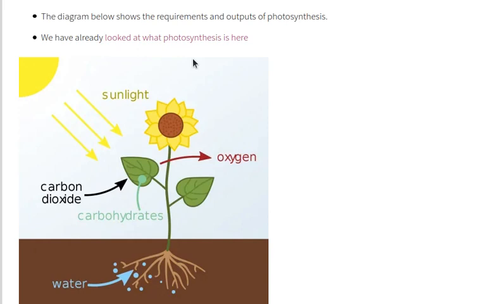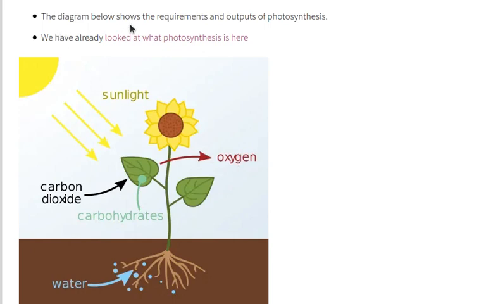We say that photosynthesis is the process by which green plants use sunlight energy to combine carbon dioxide and water to produce carbohydrates and give out oxygen as a byproduct.